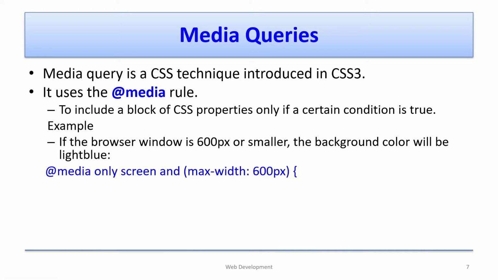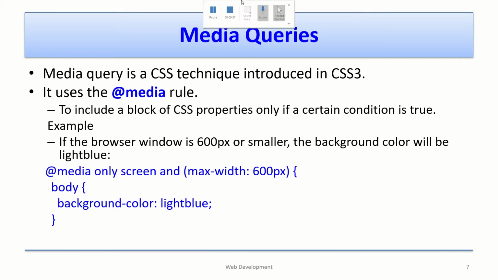I explain this: if there are two words in a particular property, we separate those two words by a dash, and then we can set the value using a colon, then 600 pixels. So that is the maximum width. If it is less than this maximum width, we can set the background color to light blue. Let's see how we can do this in a web page.